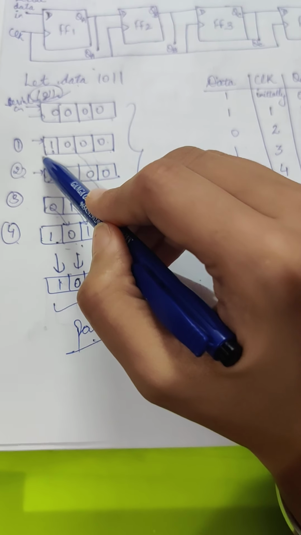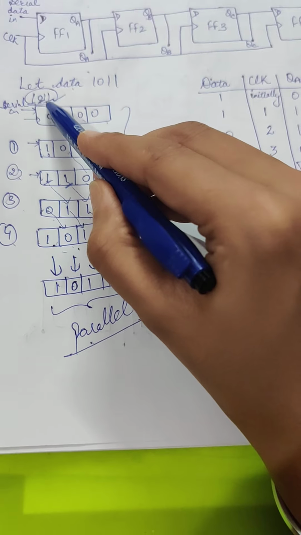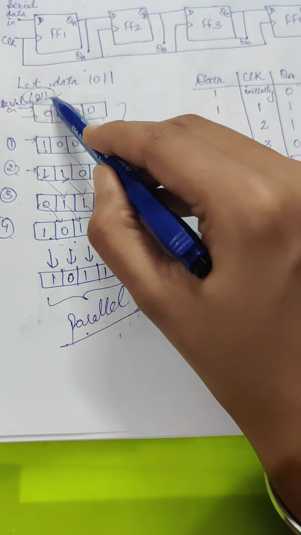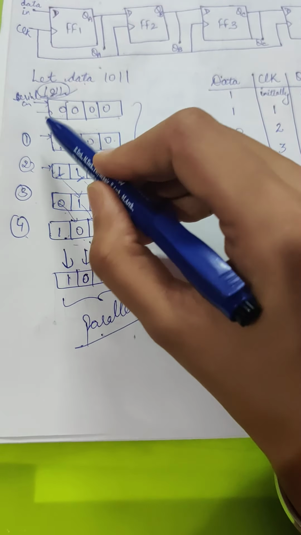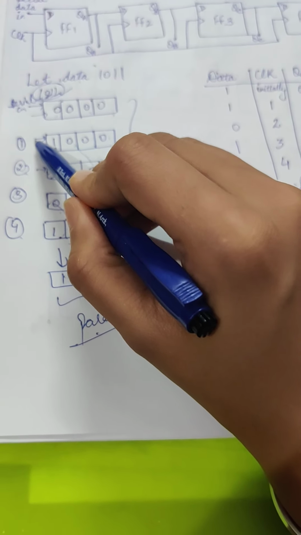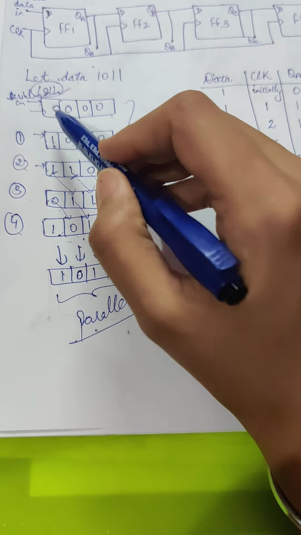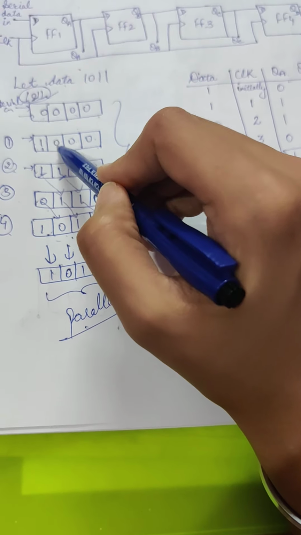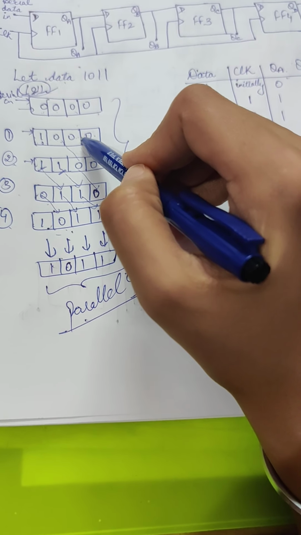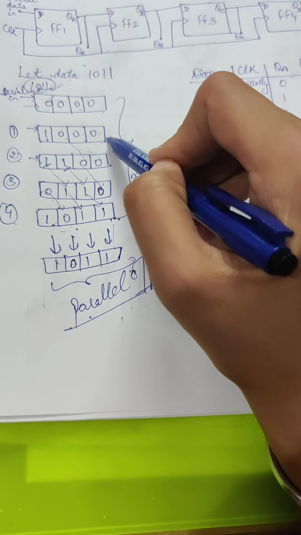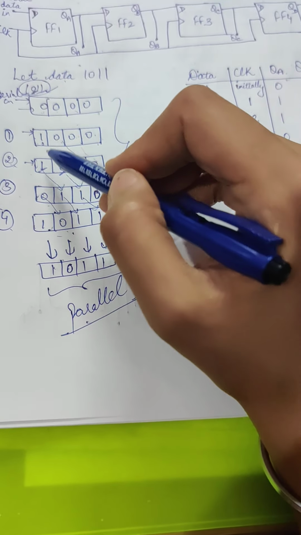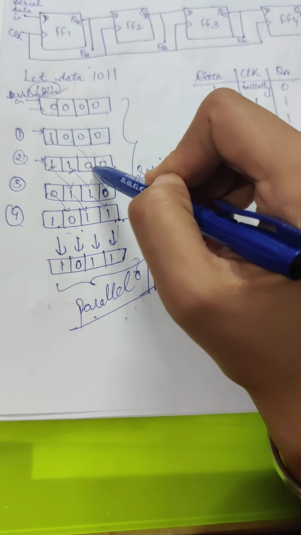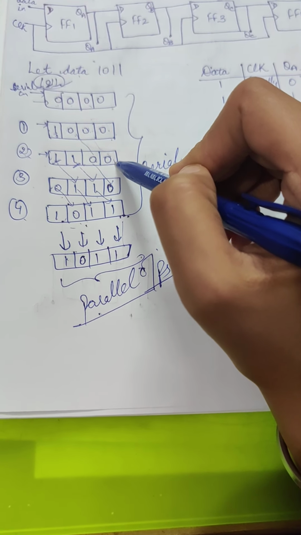So at first clock pulse, we have to enter this data by starting from LSB, then move towards MSB. At first clock pulse, this LSB bit 1 is entered in the first, and then 0 is shifted to next, 0 is shifted to next, and so on. And at second, the next bit is entered, this one is shifted to next bit, 0 is shifted to next, and this 0 is shifted to next.